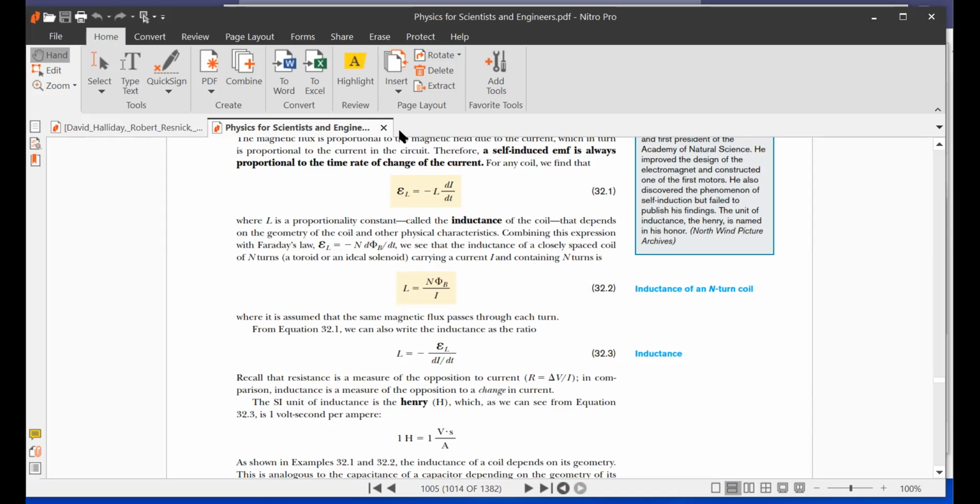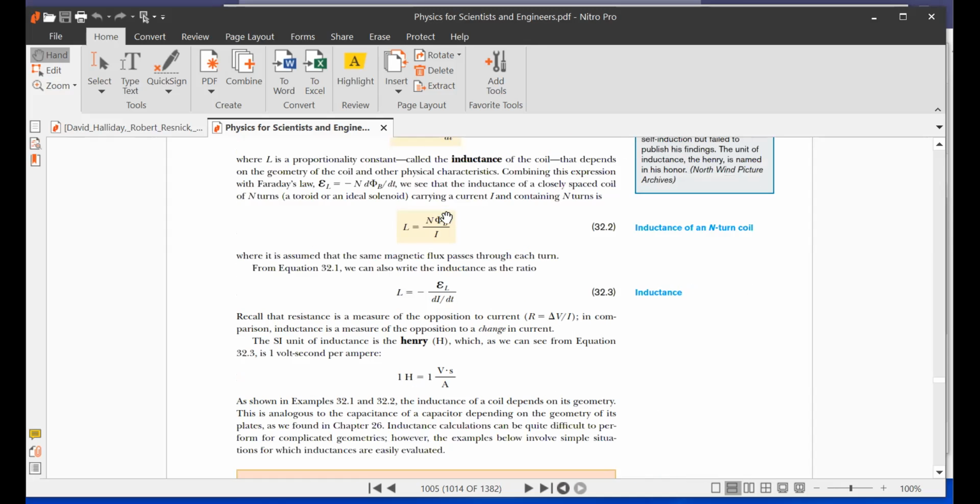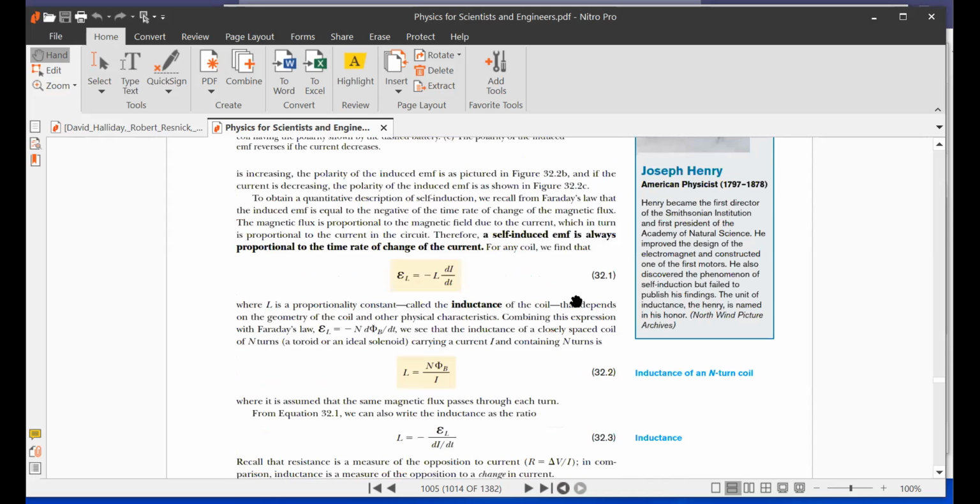The formulation is epsilon L equals minus L di over dt. This equation 32.1 is Henry's law. We also have Faraday-Lenz's law from the preceding section, so they should be equal.